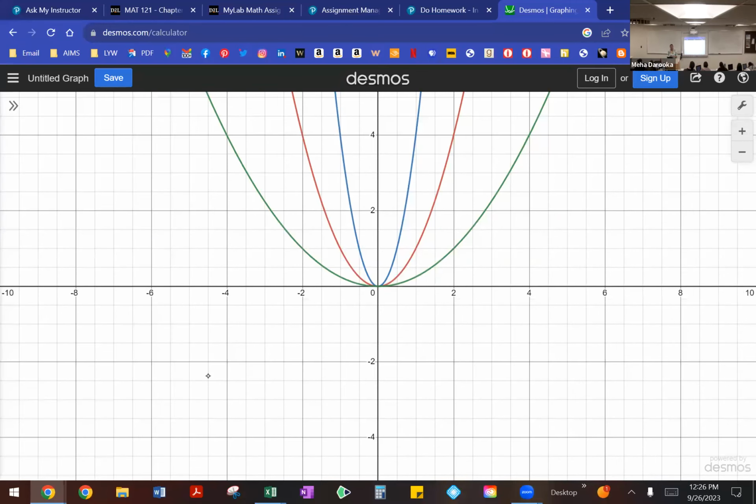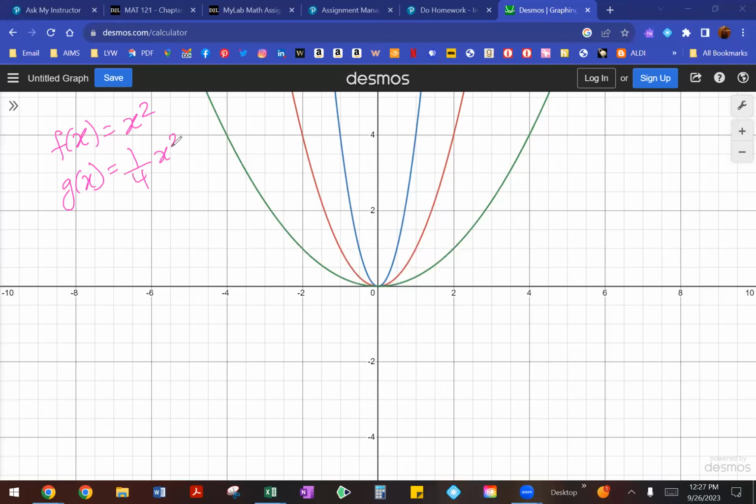Looking at all three of the graphs, what can you tell me about their domain and range? So we've got the basic function f of x equals x squared, we've got the shrinking, and we have the stretch.